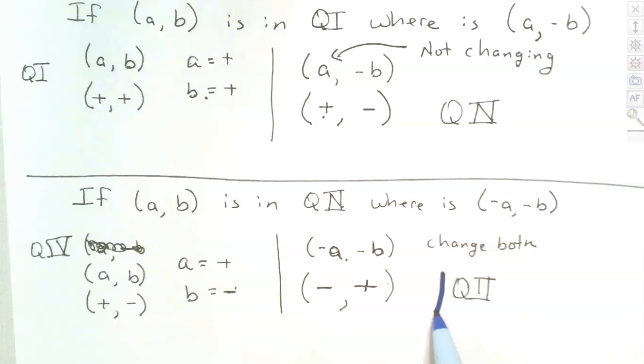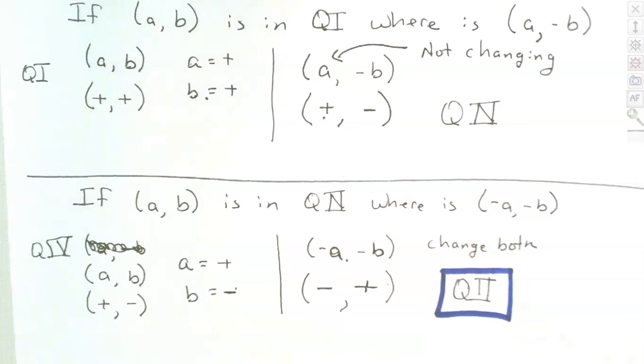So do we kind of see how these are working? You'll identify what the signs are for A and B. Now, we don't know the exact value of A and B, and that's not important. All we want to know is what the signs are. Then we look at our coordinate plane, or Cartesian system, and we see which quadrant it's in, and we see what those signs will be.